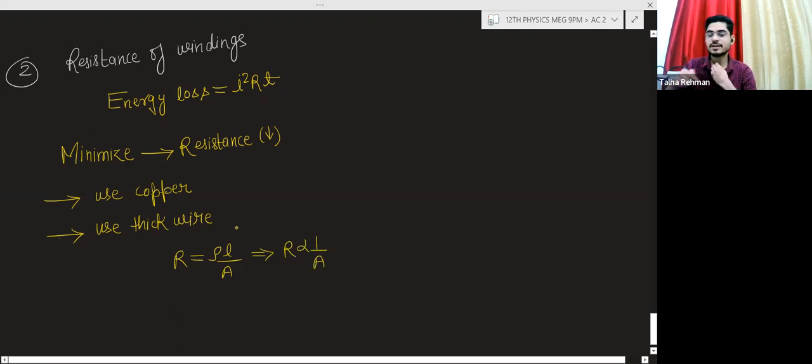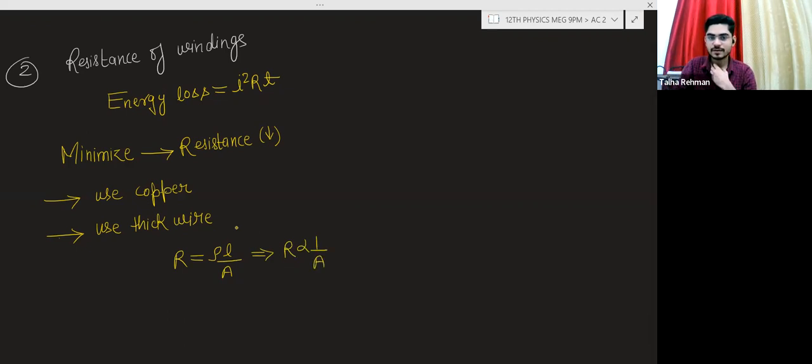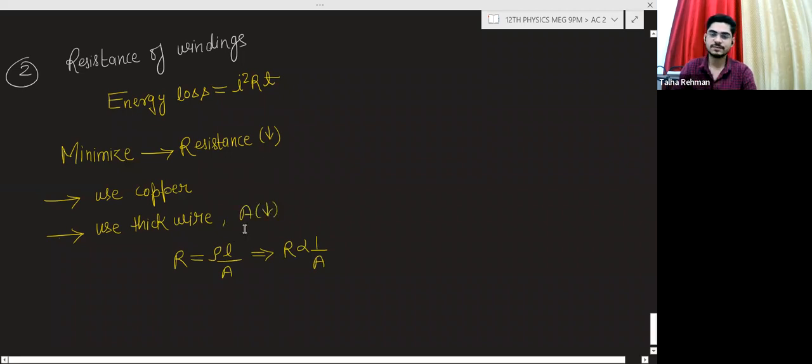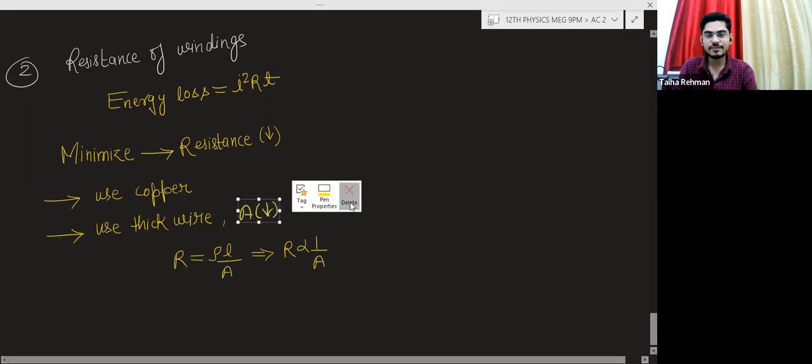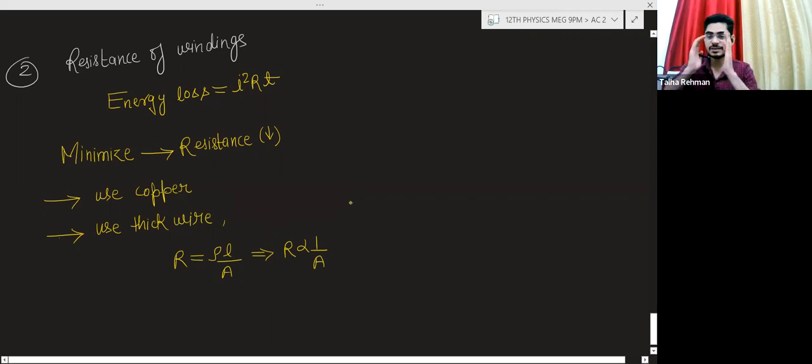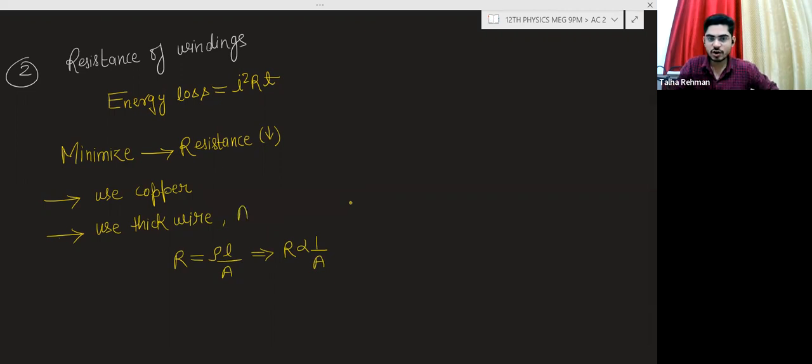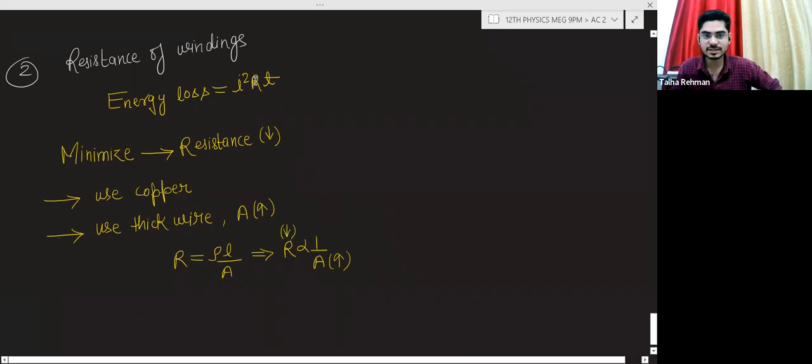If the wire is thick, thick meaning having large diameter, the area of the wire will increase. If the area increases, the resistance will decrease. If the resistance is decreasing, then energy loss is decreasing.